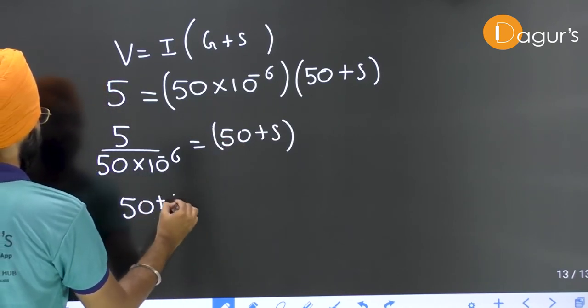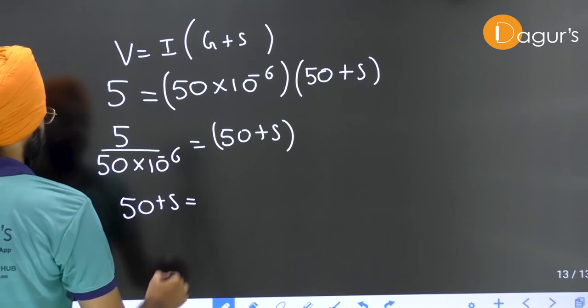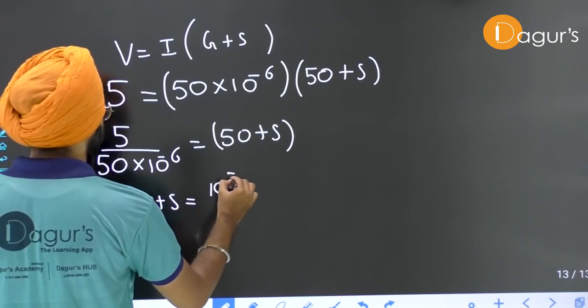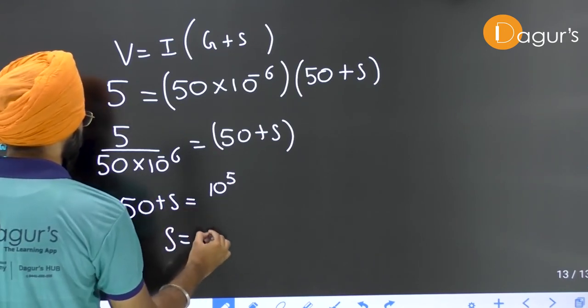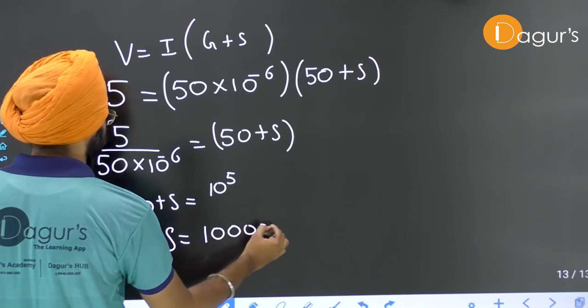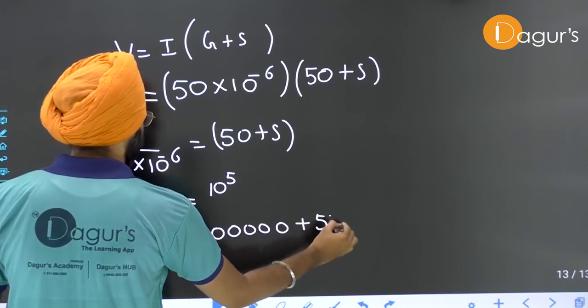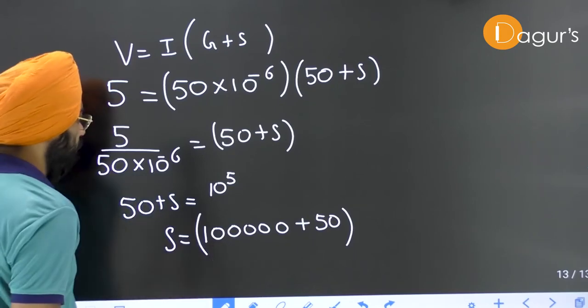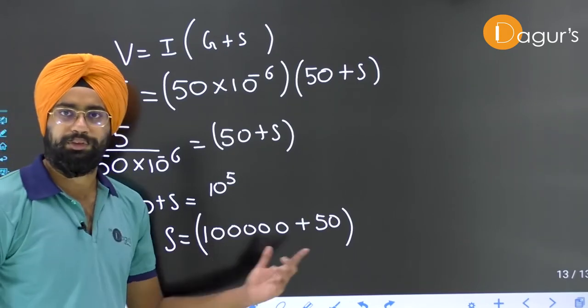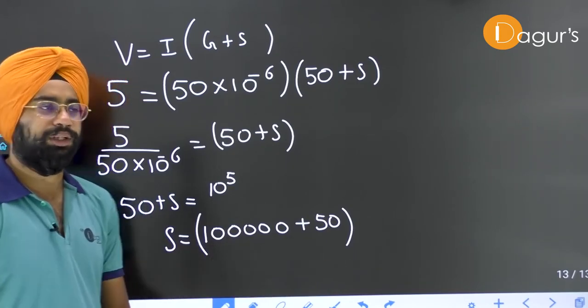So, 50 plus S is coming out to be 10 to the power 5. So, S is coming out to be, now if you add 1 lakh plus 50, it will be approximately 100050 ohm.